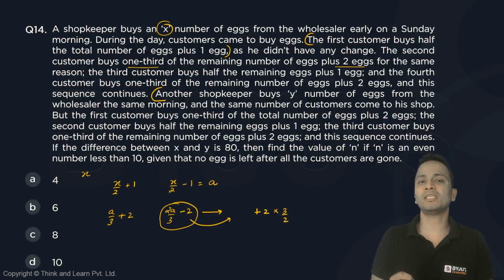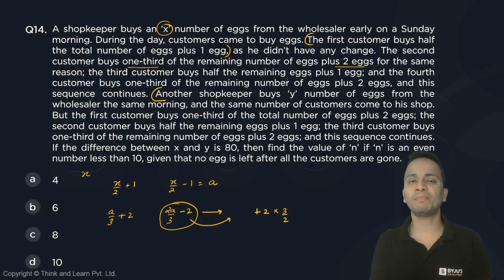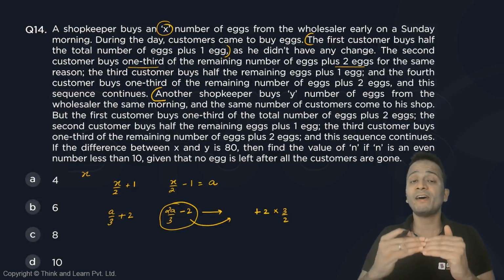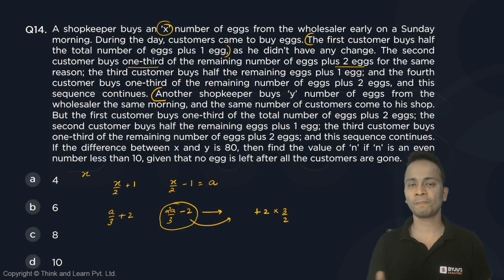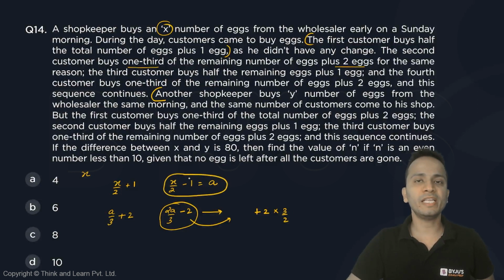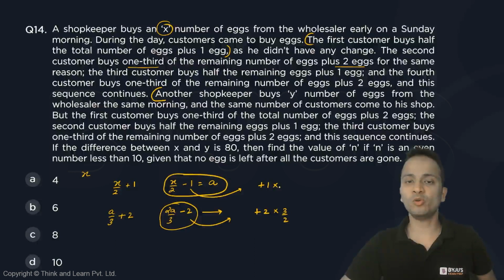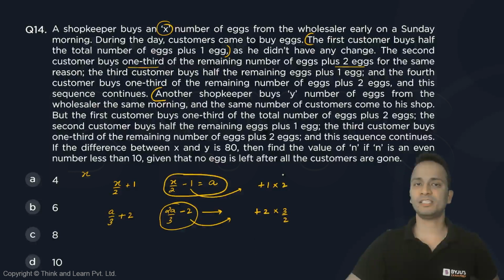So first we will do +2 and then multiply by 3 by 2 to nullify this effect, to backtrack this particular customer. Similarly, if we have to backtrack this step, -1 will go on the right hand side, it will become +1 and then multiplied by 2, just to nullify this effect.